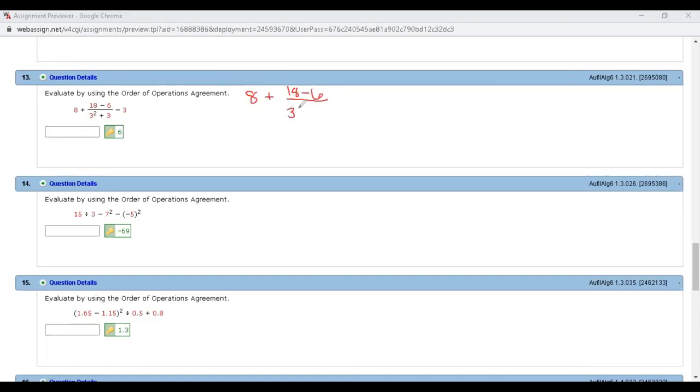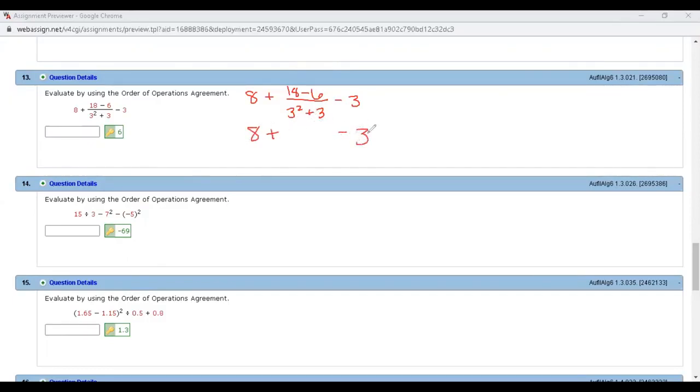So in the lecture, we talked about the fraction part, how you have to do the things in the fraction in an order as well. The fraction is division, true, but we need to simplify the numerator and the denominator. So let's work on that first.